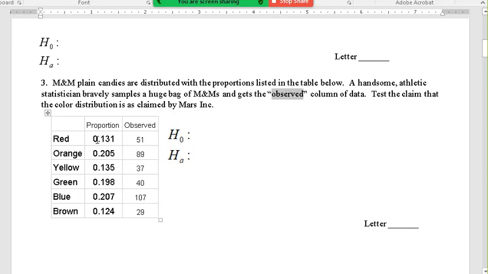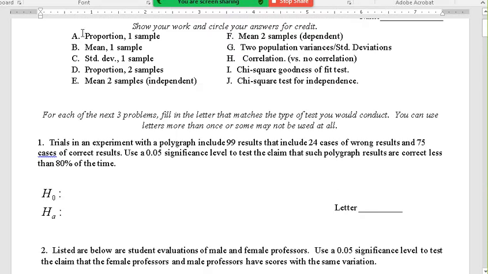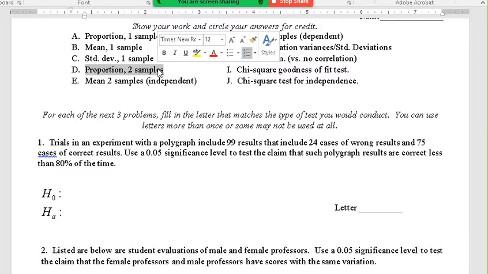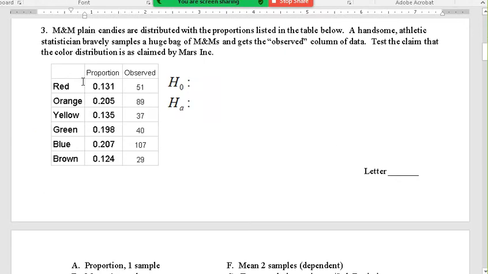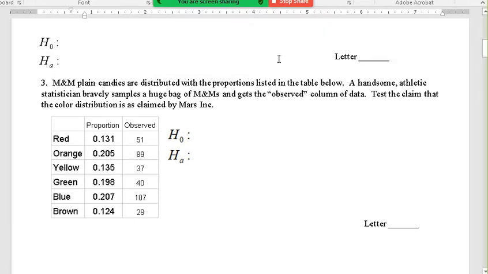Now, you've got all these different rates and probabilities, whichever way you want to think of them, but it's not A and it's not D. It's not proportion 2 samples or proportion 1 sample, because you've got a lot of different numbers here. Now, are you talking about means and standard deviations at all in this one? Are you trying to match observed and expected? No. Nothing about means or standard deviations here.